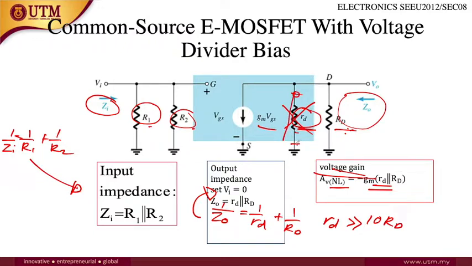But if the value of RDS is not larger than 10 RD, you need to consider it by connecting it parallel with this RD. So if RDS is 10 times larger than RD, ZO equals RD, even though they didn't mention inside the equations that RDS can be neglected.